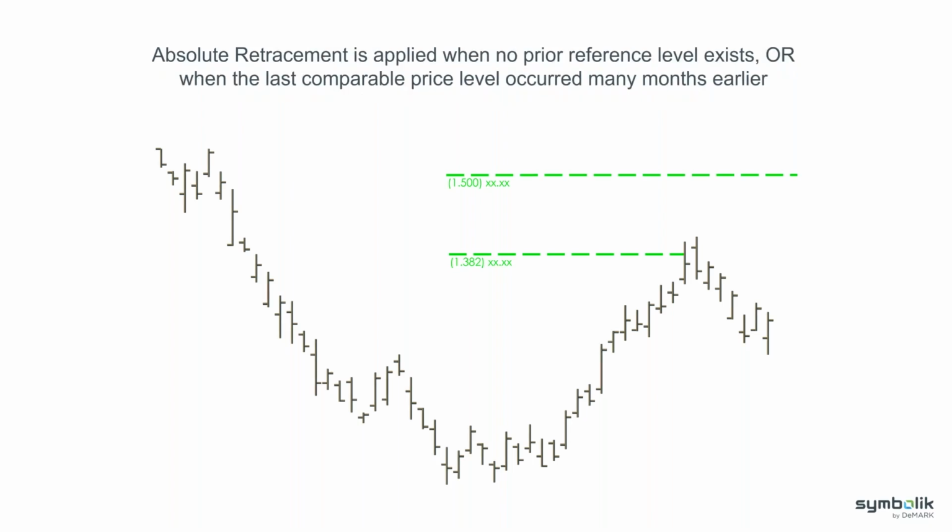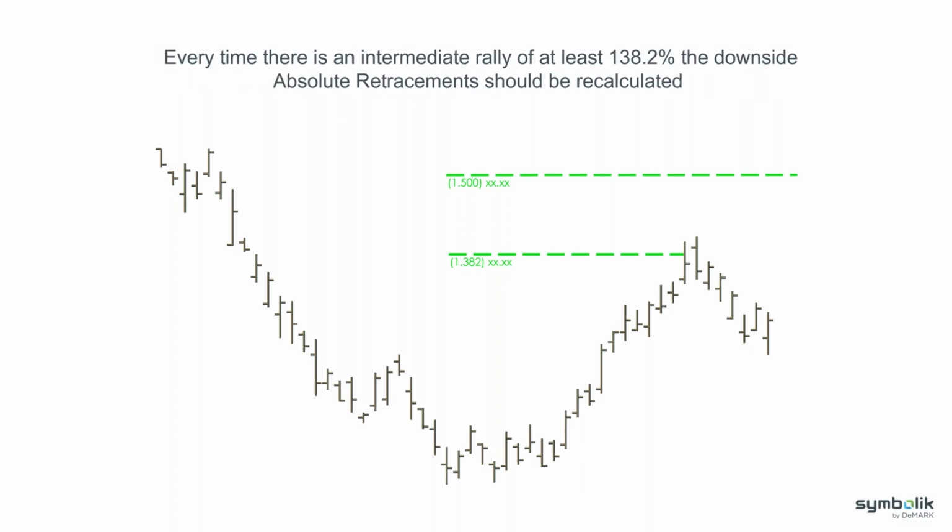So once again, absolute retracement is applied when no prior reference level exists. That's important here. And with regards to when you can recalculate it, every time there's an intermediate rally of at least 138.2%, the downside absolute retracements can be recalculated.